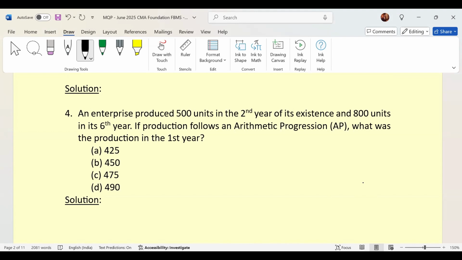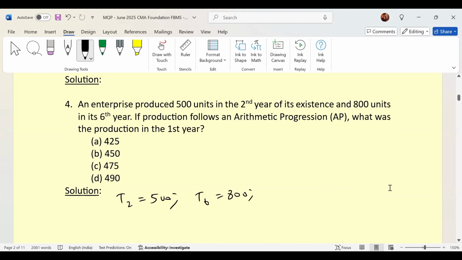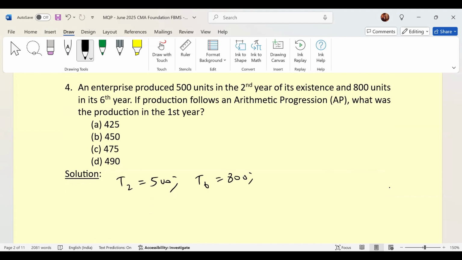They had given us term 2 as 500 units and term 6 as 800 units. Term 2 in an arithmetic progression can be expressed as A plus D. A plus D is given as 500; consider it as the first equation. Term 6 can be written as A plus 5D, which is given as 800; call it the second equation.